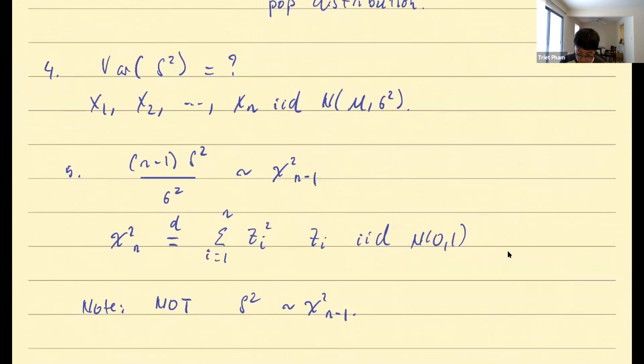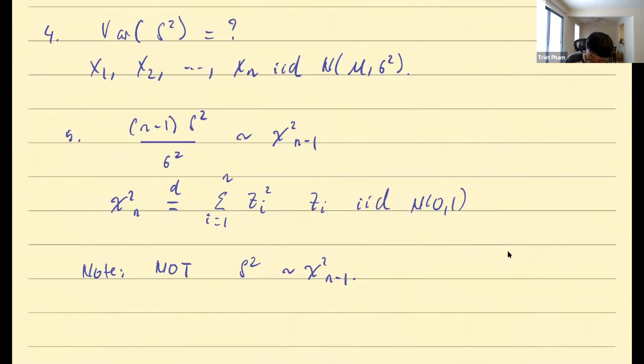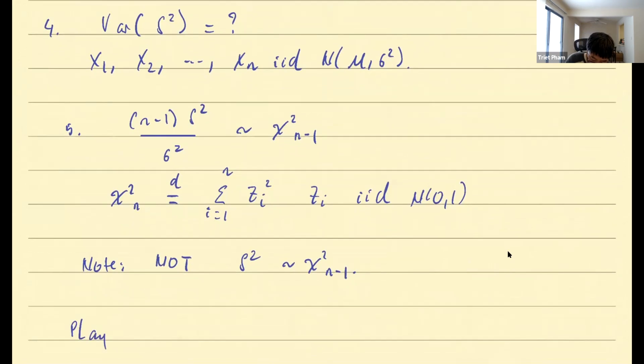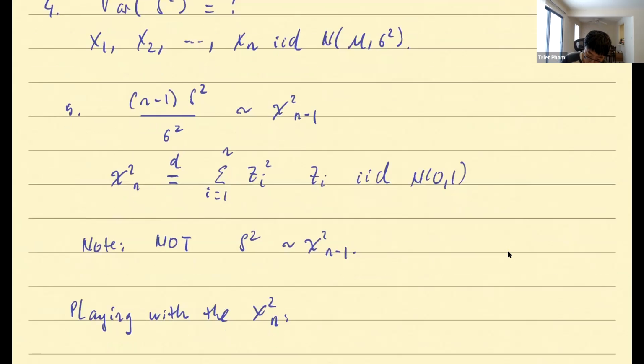Second of all, what is the implication of something like this? Let's just play with the chi-square a little bit. By playing, I mean let's ask simple questions about a chi-square.